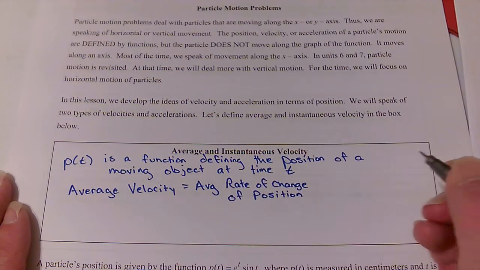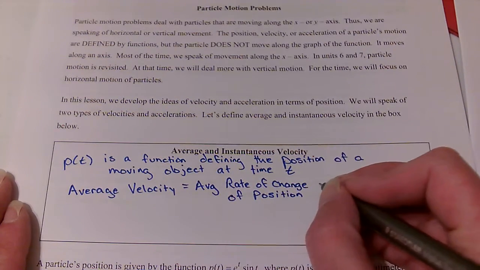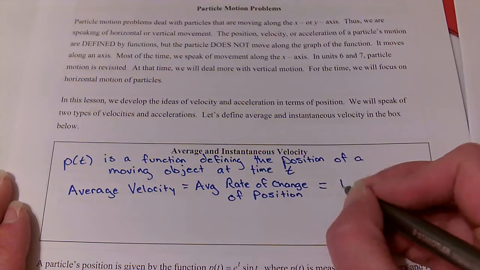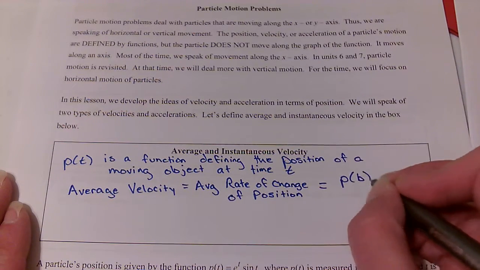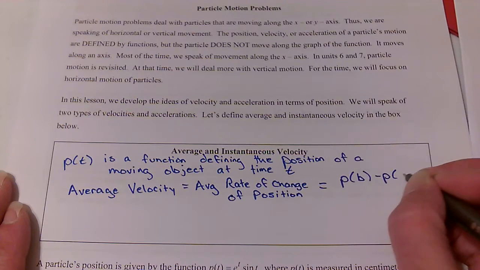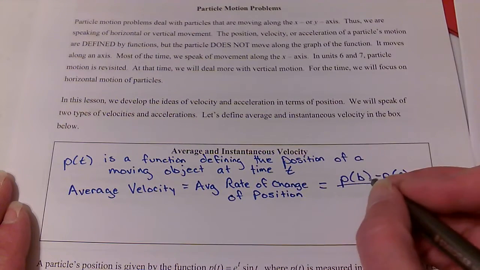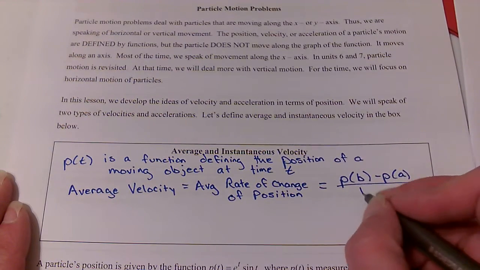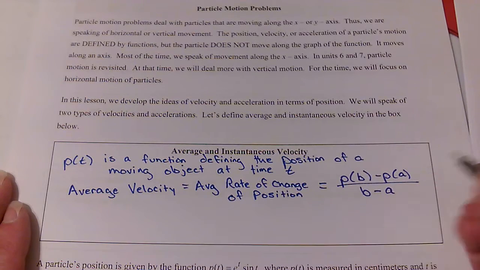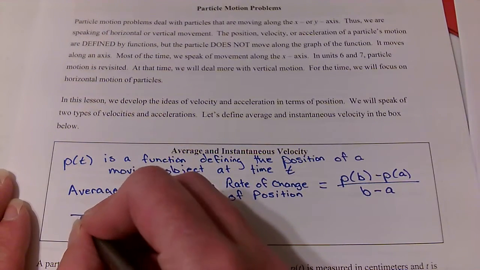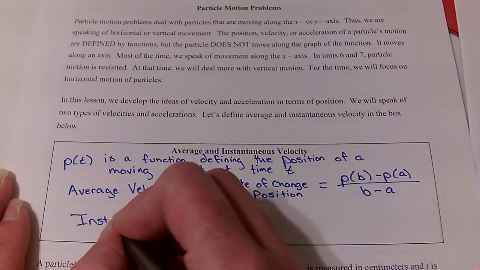So it's this change in position over the change in time. Easy, that would be P of B minus P of A. So the position at the end minus the position at the beginning over the change in time. Change in position over the change in time. Let's compare that to instantaneous.